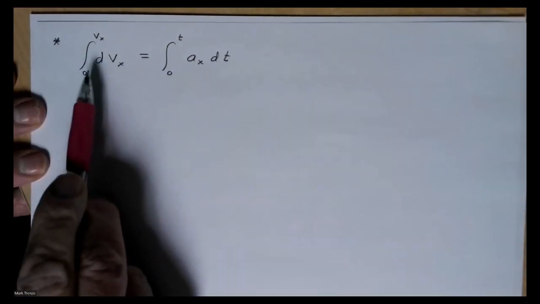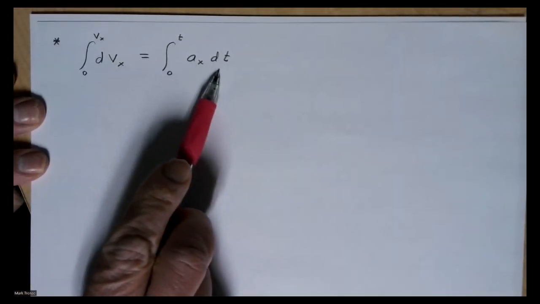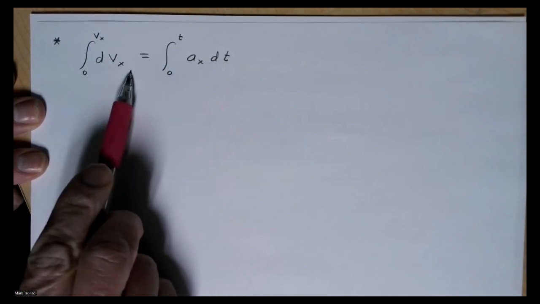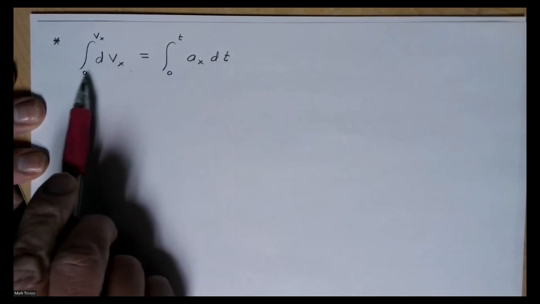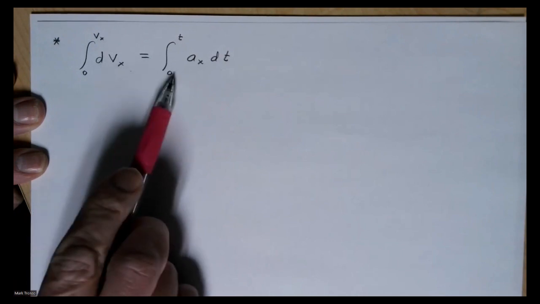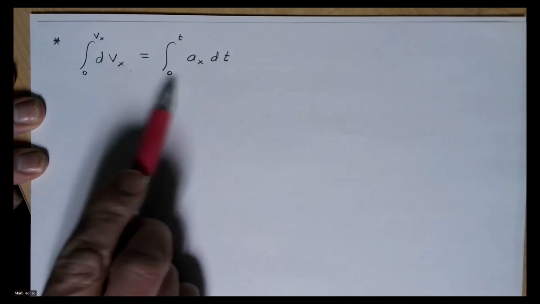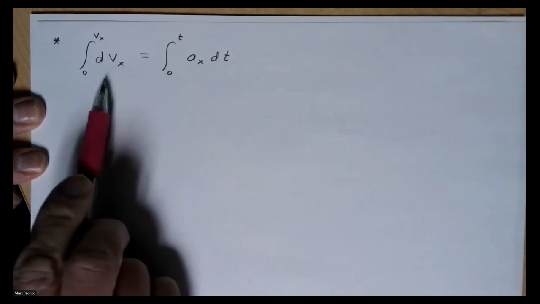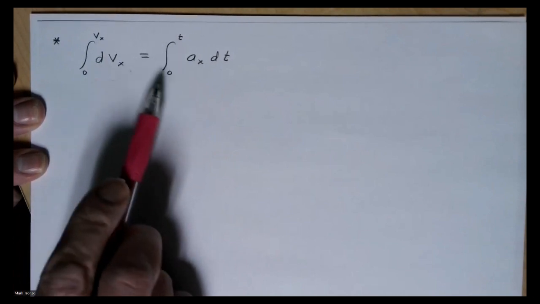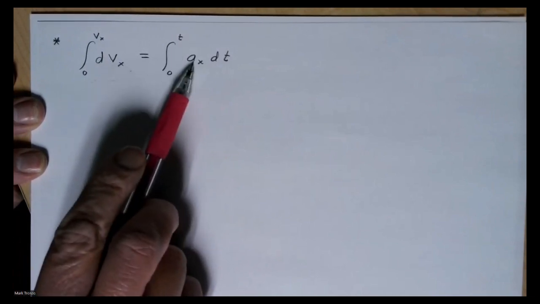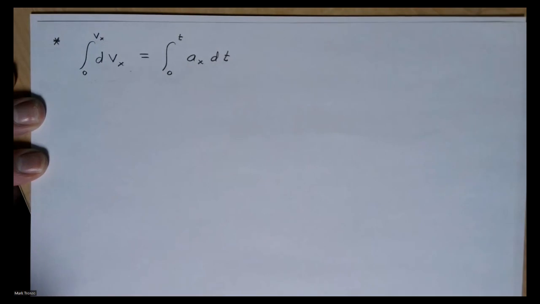We'll integrate ax dt to find the velocity, and the initial velocity is 0, initial time 0. So we can almost ignore these bounds. We really don't have to substitute anything, because it's just going to end up with t's over here.